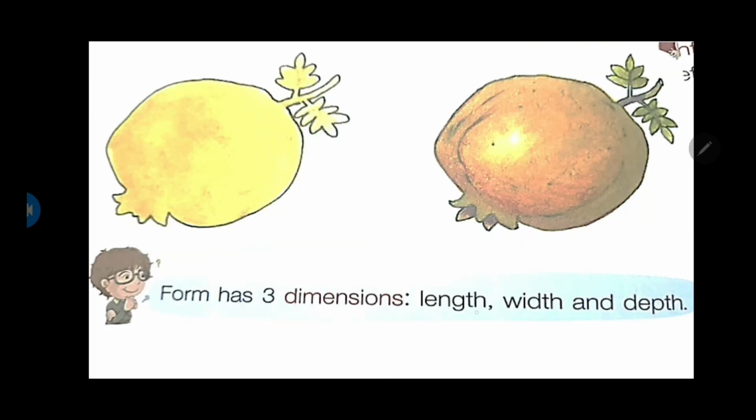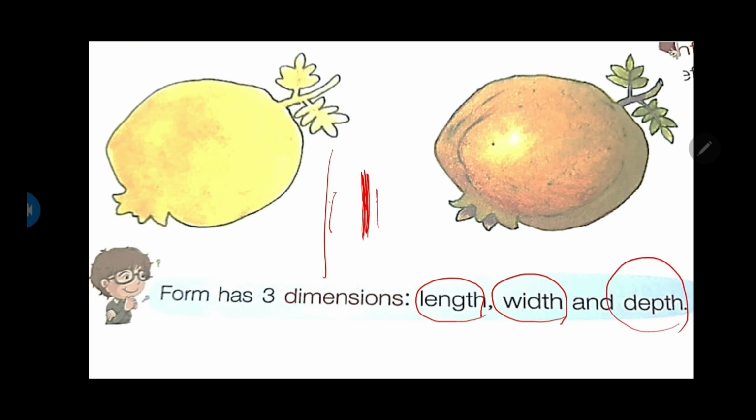When we use lines, we think about the length. Is it long or short? Are we going to use long lines or short lines? It is also about width. Are we going to use thick lines or thin lines? We also talk about depth.